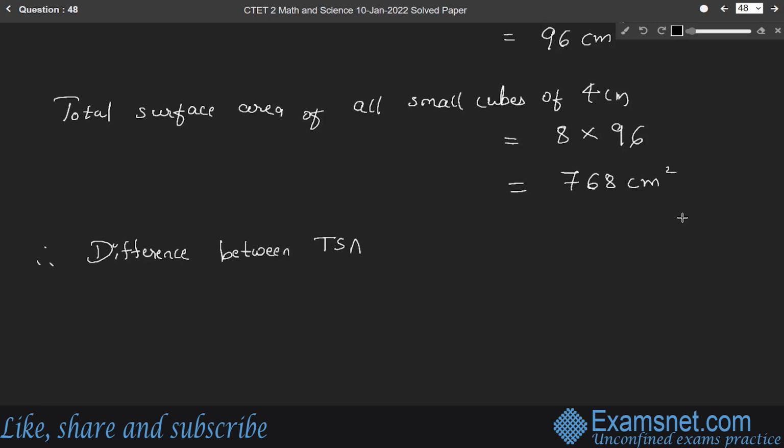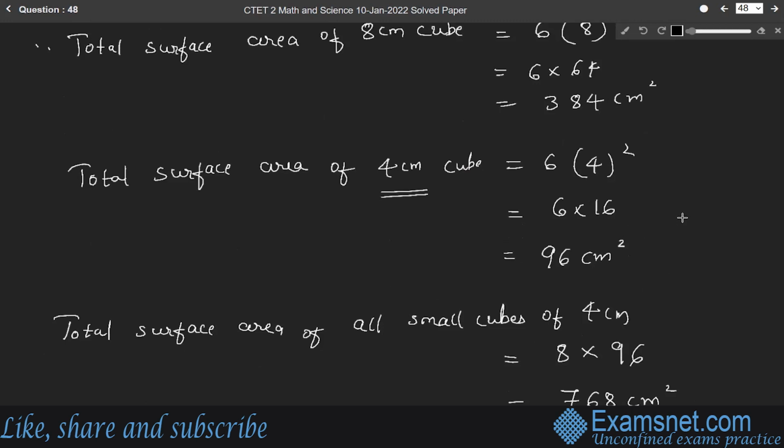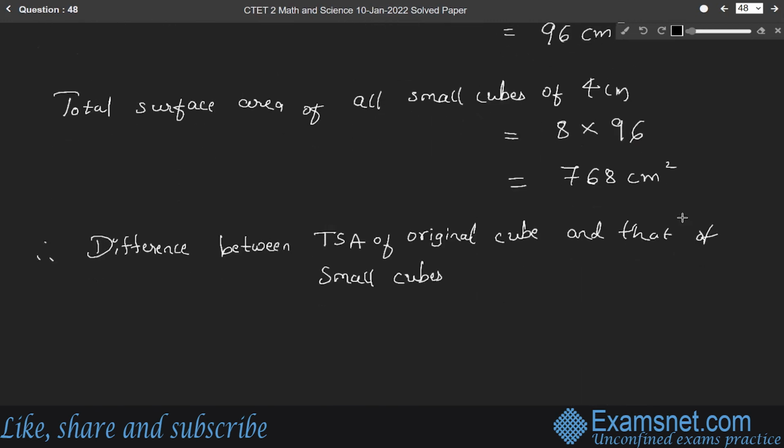Therefore, the difference between the total surface area of the original cube and that of the small cubes. So which is greater here? The original cube has total surface area 384 and the total surface area of the small cubes is 768.